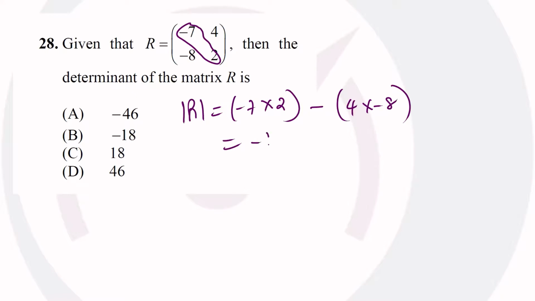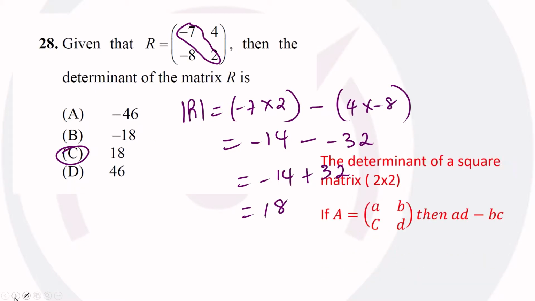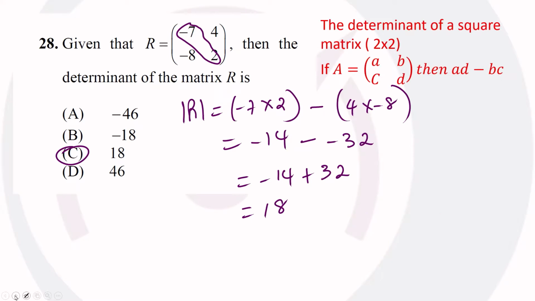So then we have negative 14 minus, and 4 times negative 8 gives us negative 32. So that gives us negative 14 plus 32. Same thing as saying 32 minus 14, and that gives us positive 18. So C matches. So be careful of your signs, because these questions test if you realize the sign.